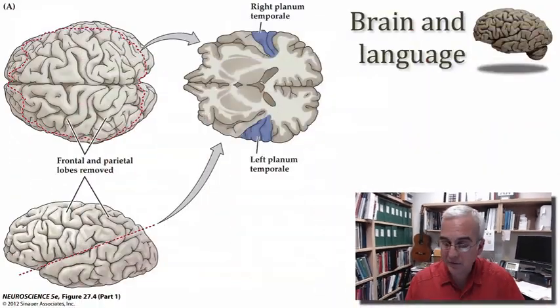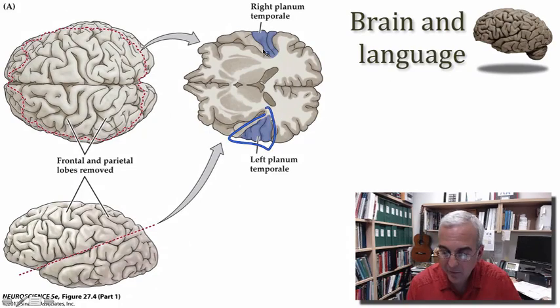One very striking difference that's present in most of our brains concerns the superior surface of the posterior temporal lobe, a region that we call the temporal plane, or in Latin, the planum temporale. So this posterior temporal plane, which is highlighted here in blue, is larger in the left hemisphere compared to the right hemisphere for most human beings.